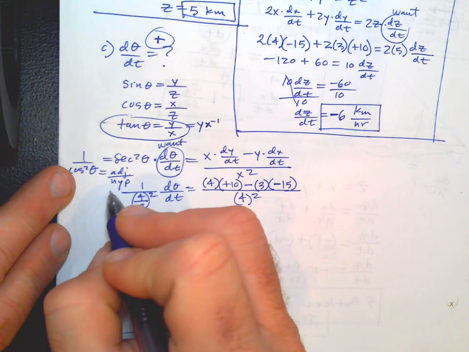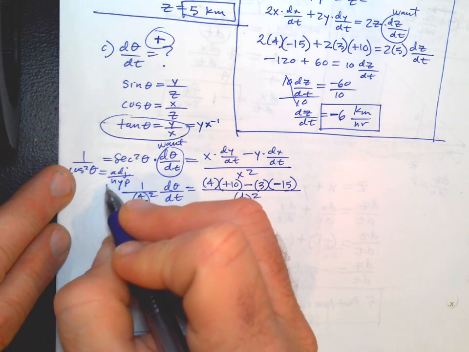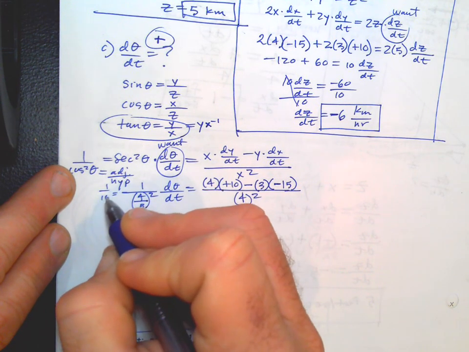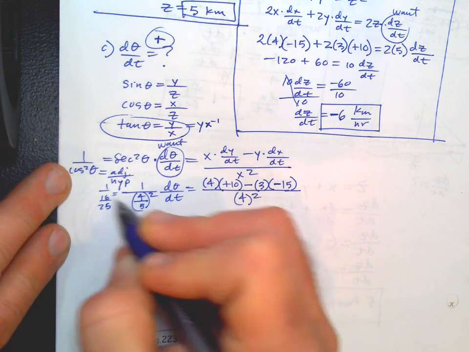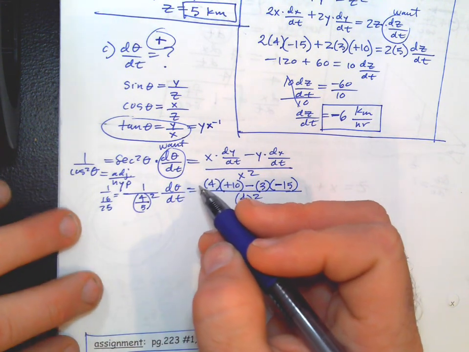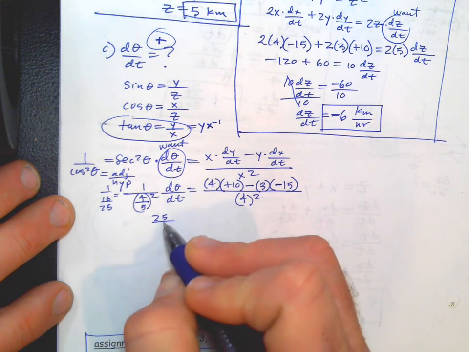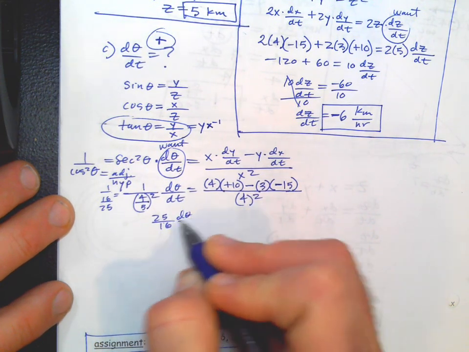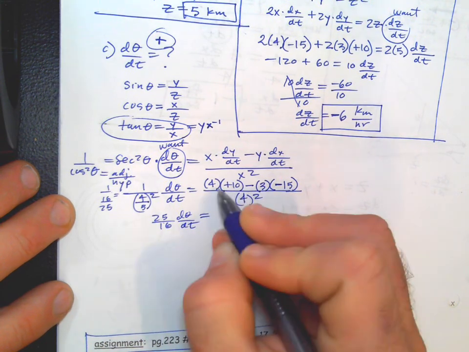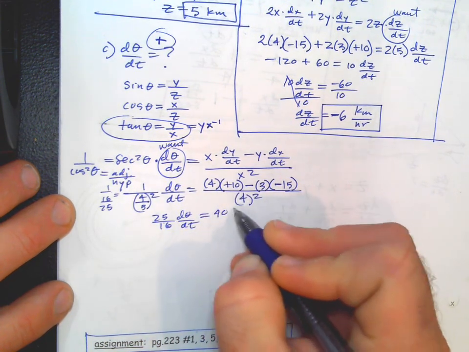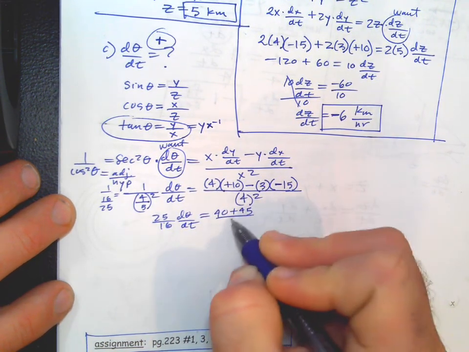So this is the same thing as 1 over 16/25, but we're dividing by a fraction, so it's actually going to be 25/16 d theta dt equals 40 plus 45 over 16.